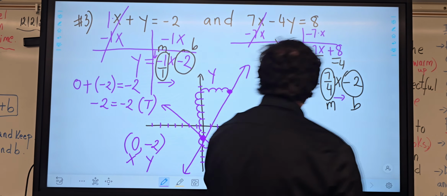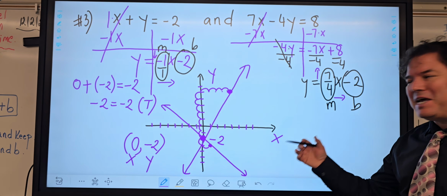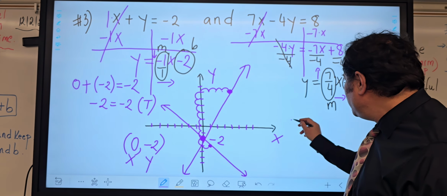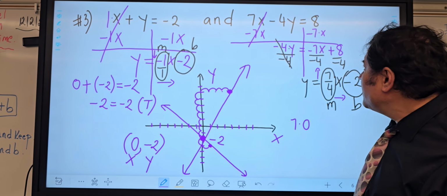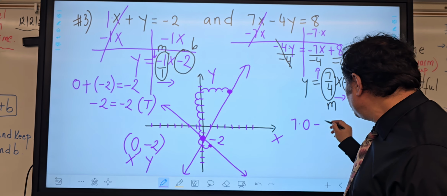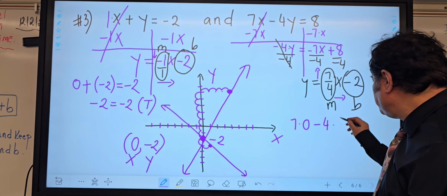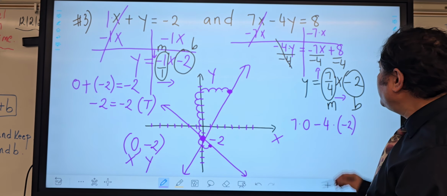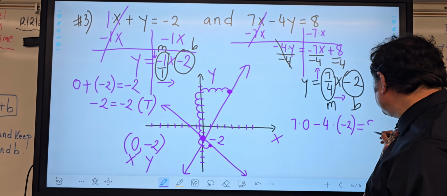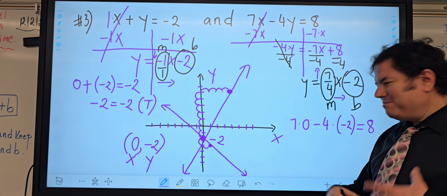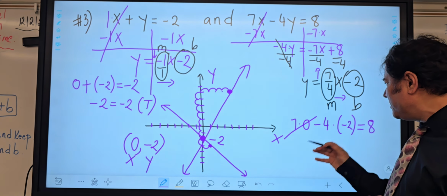Let's check for the second equation to see if we get the true statement for the second equation. So let's plug in 0 for x. So we have 7 times 0. And then minus 4 times y. But y is -2. And then equals 8. Right? We know that any number times 0 is 0. So that goes away, right? We get 0.